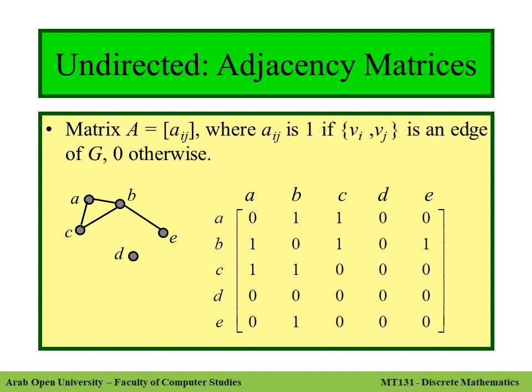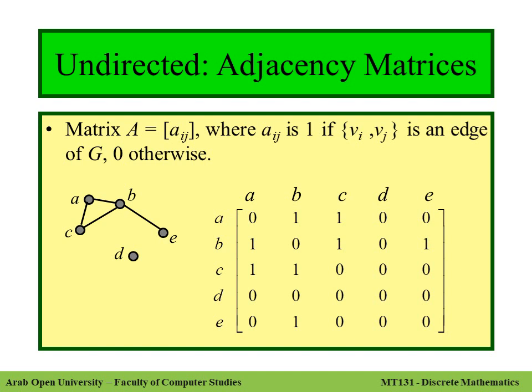The other way to do this is using an adjacency matrix, and this one the idea should be familiar now. Here is a graph. What you want to do is list all the vertices in one row above the matrix and list them again in a column.